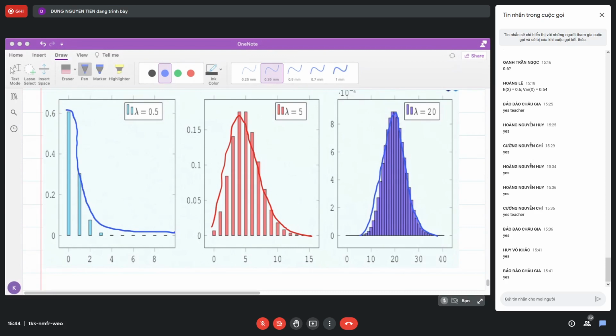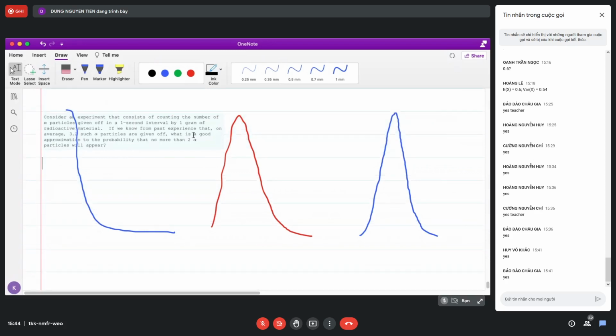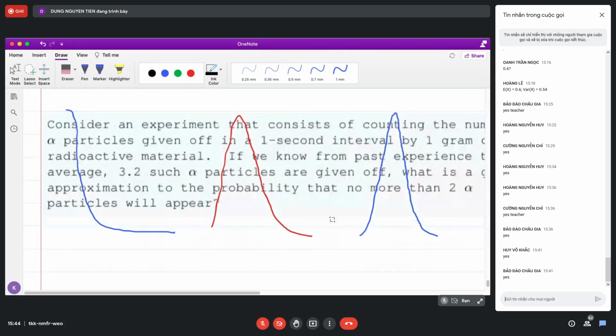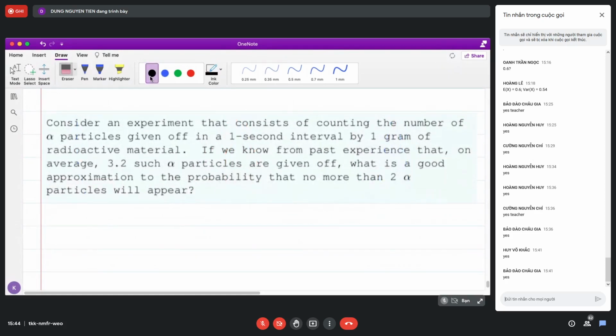Do you understand? Let's consider the following example. Consider an experiment that consists of counting the number of alpha particles given off in a 1-second interval by 1 gram of radioactive material.